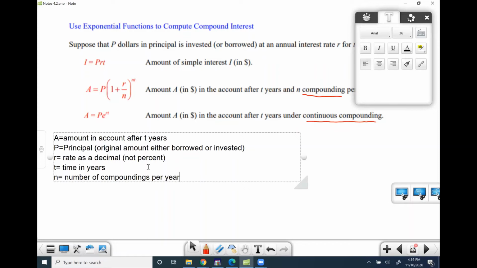Well, if they compound it once every quarter, then that'd be 4 times a year. Or they could say compounded daily. If it were compounded daily, how many times per year would that be? Yep, 365, since there's 365 days in a year.